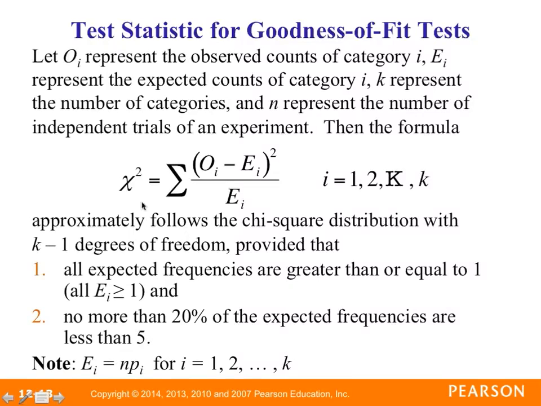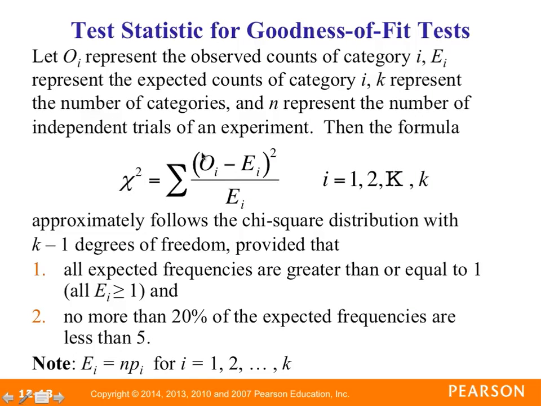We're going to come back to that example in a minute, but I want to go through a couple of other things first. And the first one of those is the test statistic for the goodness of fit test. So we're going to let Oi represent the observed counts for category i. Ei is going to represent the expected counts for category i. k is going to represent the number of categories, n represents the number of independent trials, and so we have this formula here, chi-squared, that's what this symbol is right here.